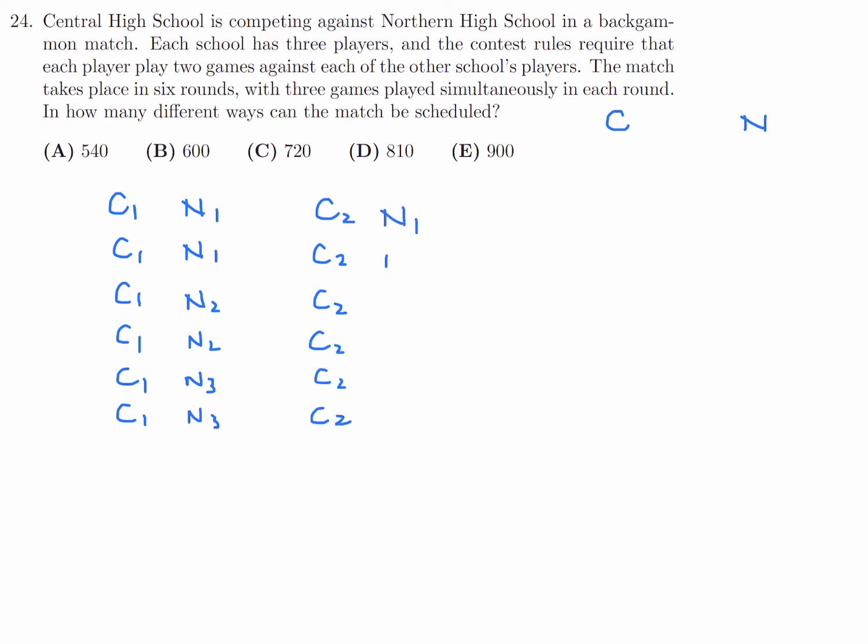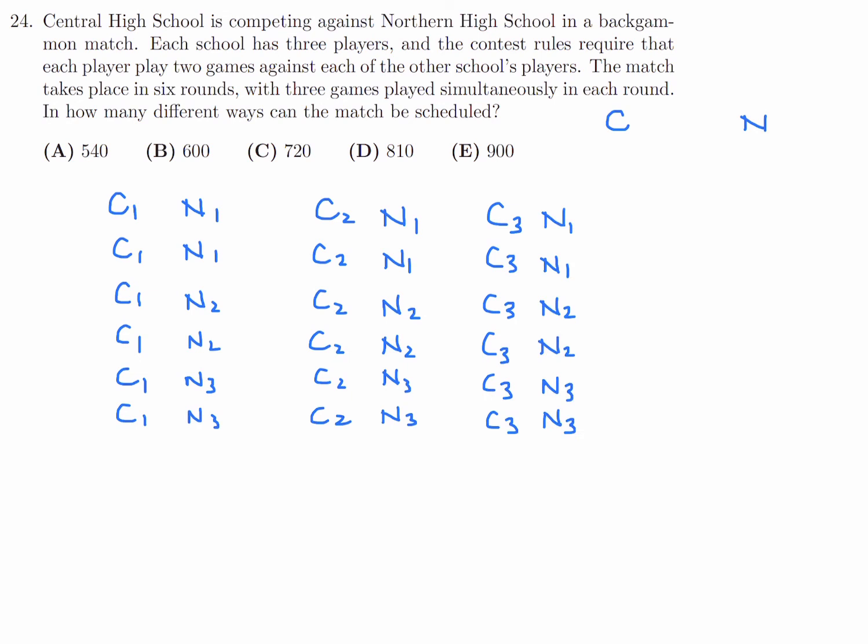So N1, N1, N2, N2, N3, N3, like that. And in the very similar way, the same thing for C3. And to make things easier to understand, we'll just call these combinations A, this combination B, this combination C. This combination will be D, E for that, F, and then we'll call this G, H, and I.